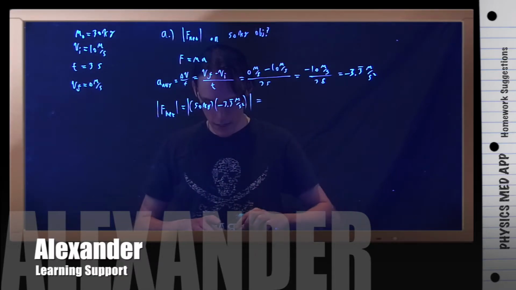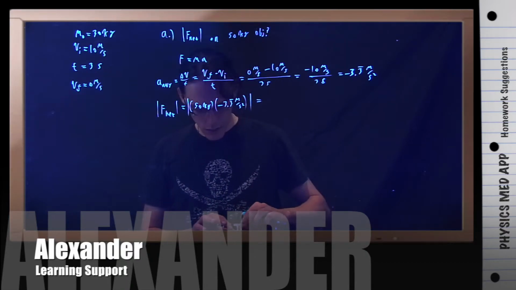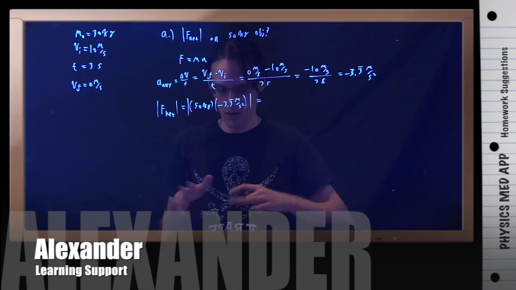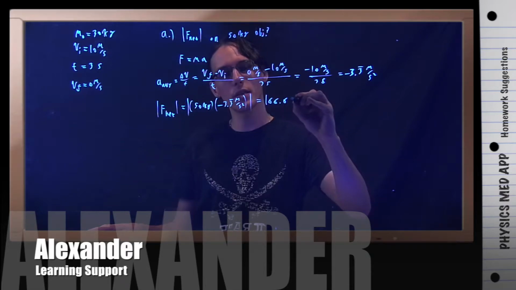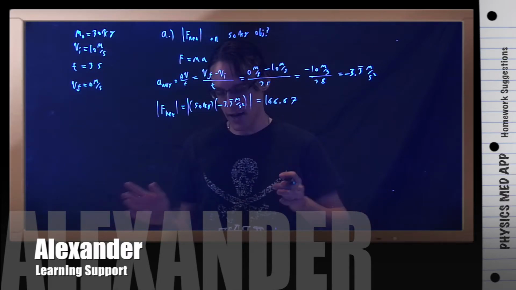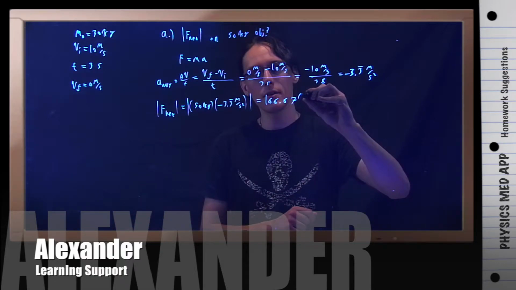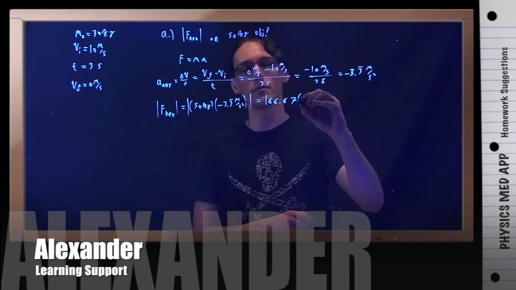So I'm going to plug that into my calculator. 50 times, and I'll actually use the fraction here, 50 times negative 10 thirds, and that gives me magnitude, so I'm going to ignore the negative sign here, 166.67, I rounded that because it's 0.66666 forever, kilograms meters per second squared, which is a Newton.